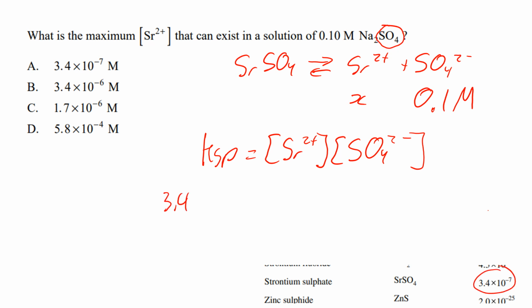Plug in my values. 3.4 times 10 to the minus 7 equals X times 0.1. So we don't even need a calculator to solve this kind of stuff. Dividing both sides by 0.1, X is going to be 3.4 times 10 to the minus 6. And yeah, that's our answer.